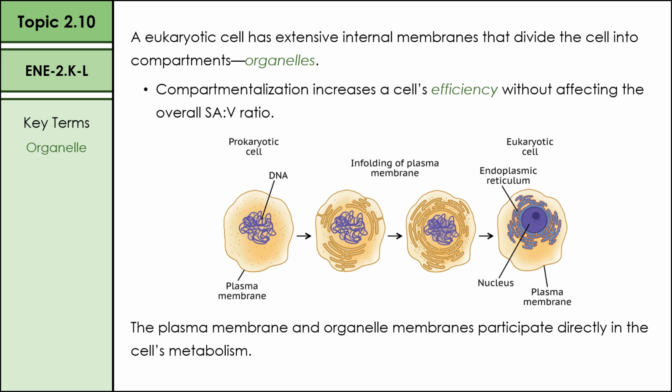So what we are going to look at in the next portion of this video are all the organelles that I will expect you guys to recall for the AP Biology exam. Now, we are going to want to focus not only on the structure of these organelles, but also their function. What role do they play in the cell overall?